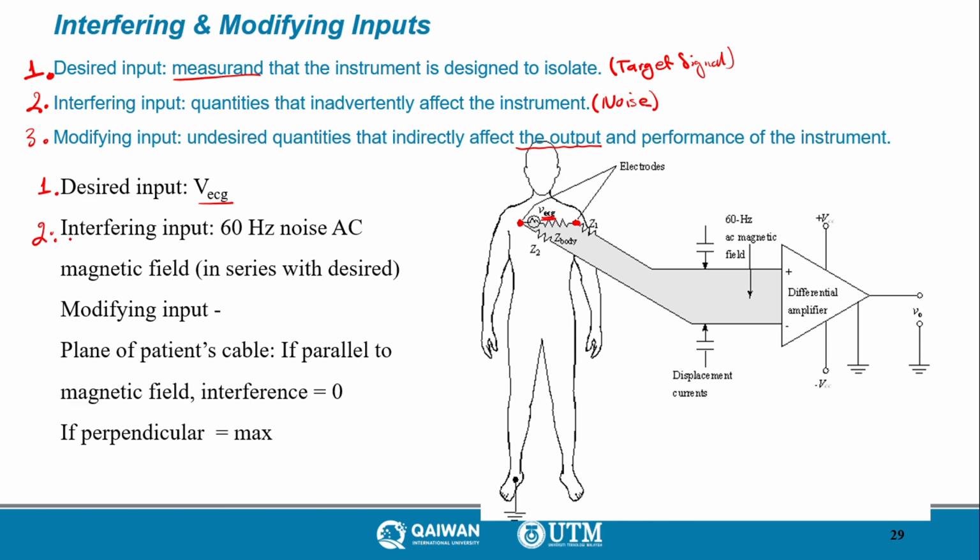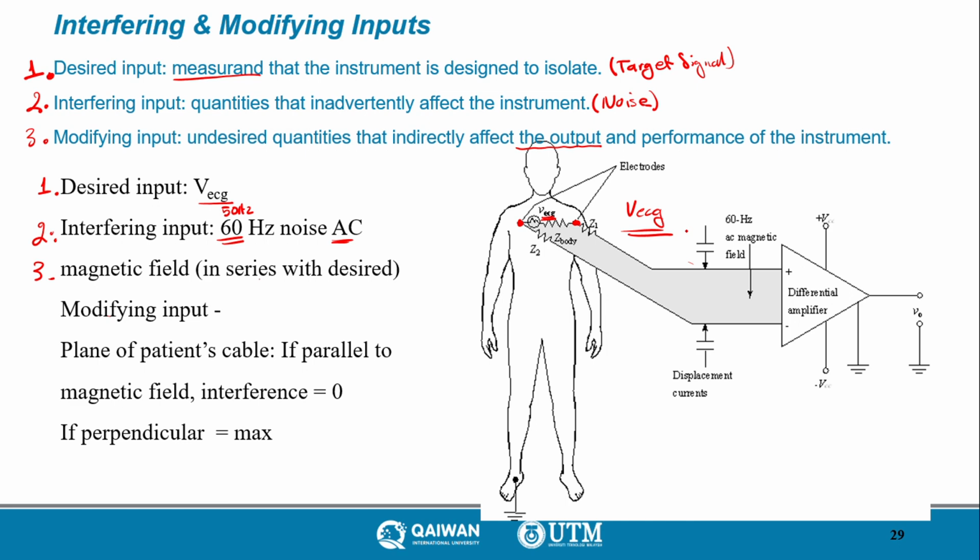Number two, the interfering input: 60 Hz, or here in Iraq it's 50 Hz noise from AC lines. And number three, we have the magnetic field acting as a modifying input, depending on the plane of the patient's cable, whether parallel or perpendicular. So we have different types of noise that will accompany the desired input or the measurement, which is the VECG.